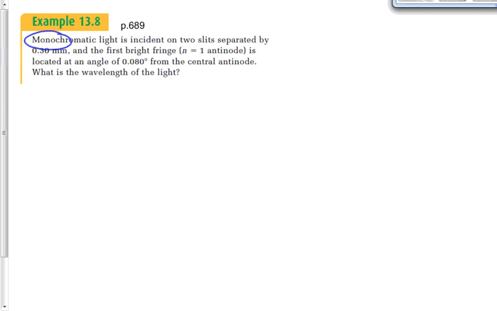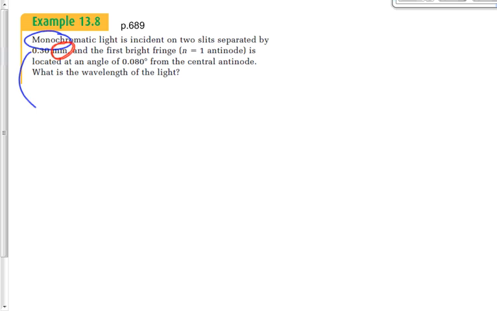That makes life a little easier for us because when we're talking about wavelength, we only have one wavelength. It's incident on two slits that are separated by 0.3 millimeters. When we did the demonstration, the distance between them was 1/25th of a millimeter. Here it's 1/3 of a millimeter. So it's still a small distance, not nearly as small as what we used.